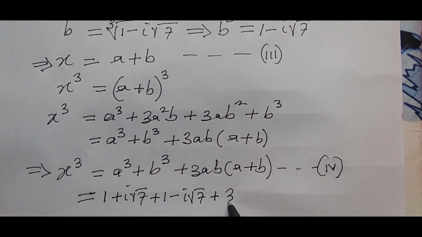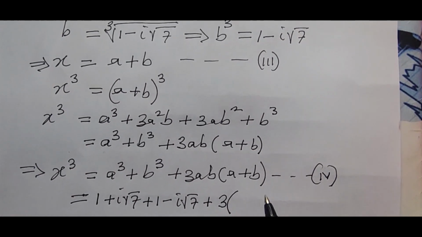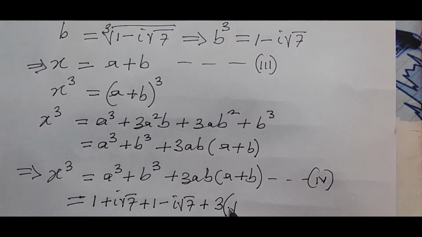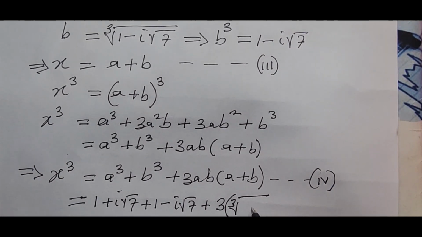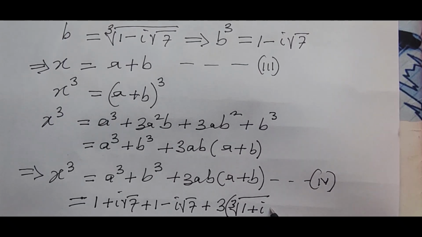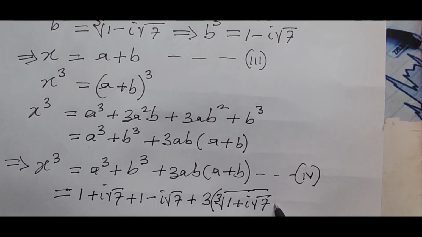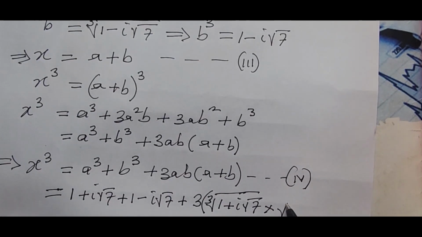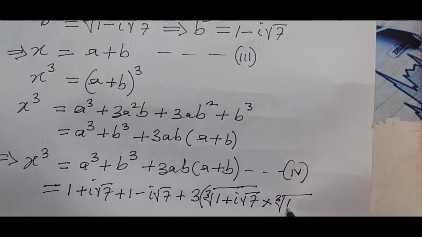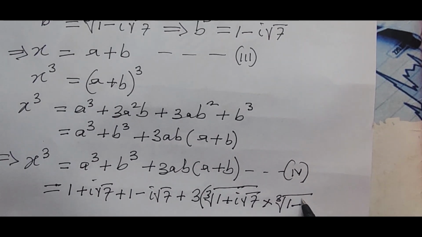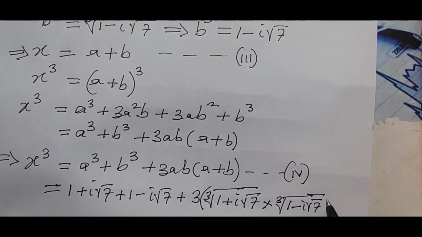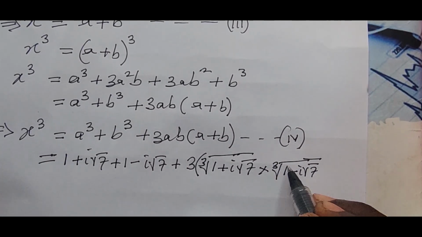So here we have 3 into a, which is the cube root of 1 plus i root 7, then times b, which is the same cube root of 1 minus i root 7. Okay, good.